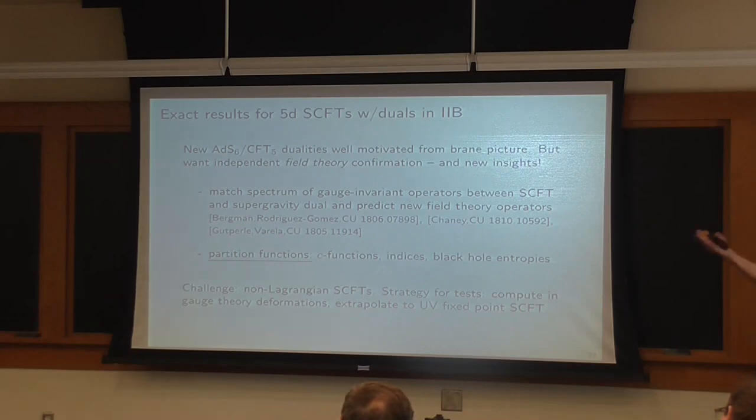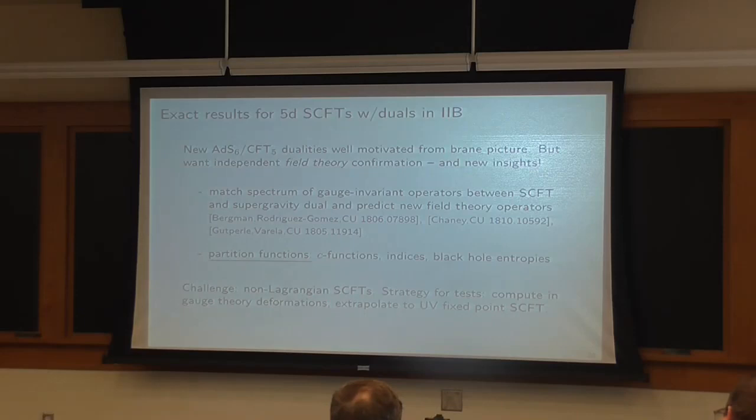So whenever we want to match something between gauge theory and holography side, we have to deform the non-Lagrangian CFT to a gauge theory, compute the quantities of interest in the gauge theory, and then flow back to the UV fixed point to actually learn something about the data. And we did this for various operators which you could identify this way in field theory deformations and also in string theory. So this gives you a first idea that this somehow holds together and makes sense.